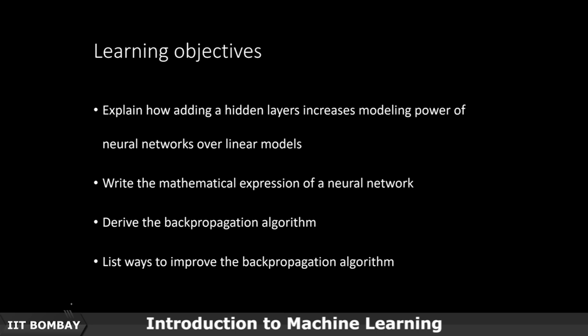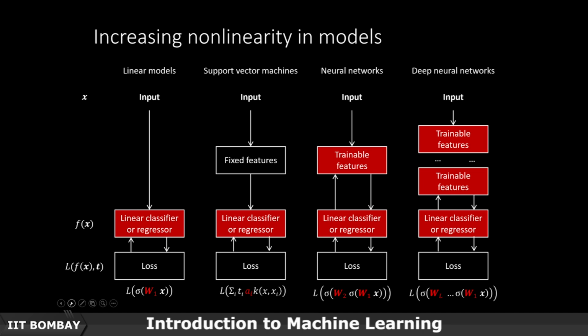And then we'll list some ways to improve the training of neural networks using backpropagation, how to make backpropagation more robust and faster.